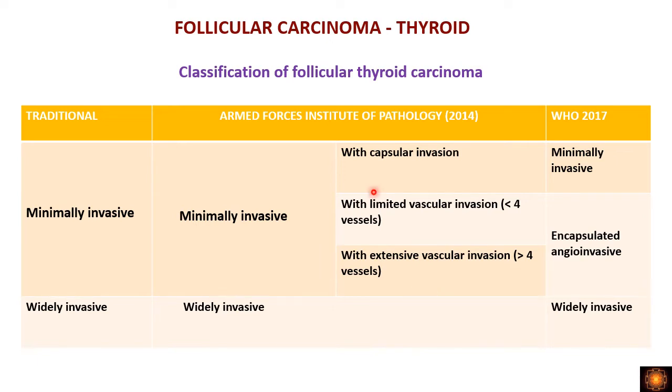In this way, the AFIP, Armed Forces Institute of Pathology, first classified follicular carcinoma as only minimally invasive and widely invasive. Later on in 2017, WHO classified it as minimally invasive when we see only capsular invasion. When we see only vascular invasion, they called it encapsulated angioinvasive, and then we have widely invasive.